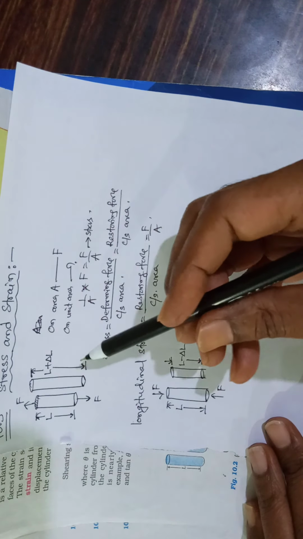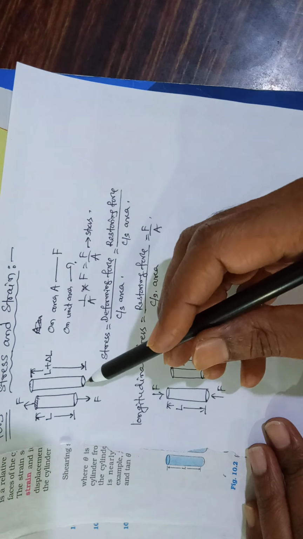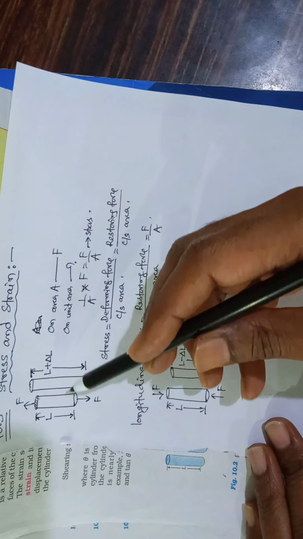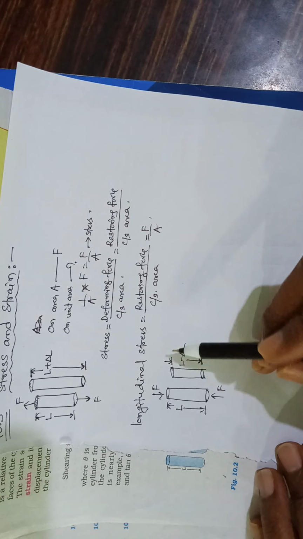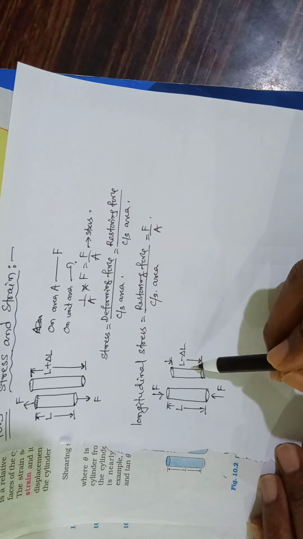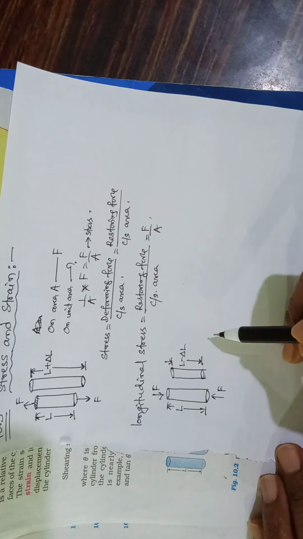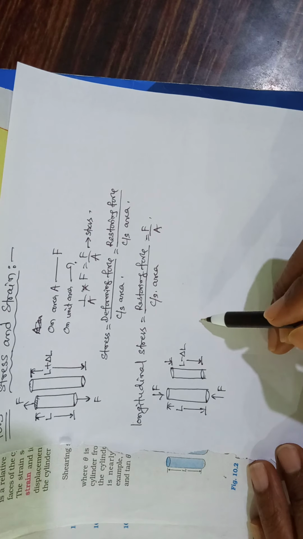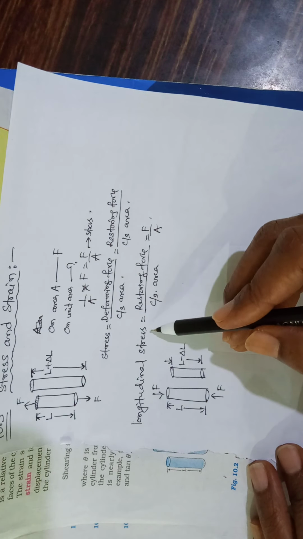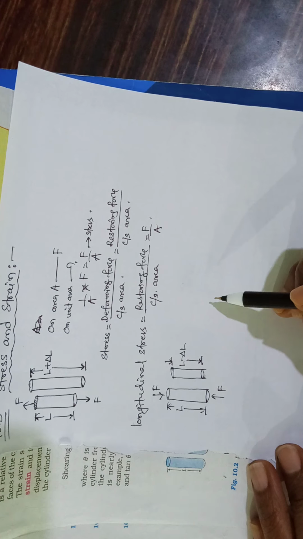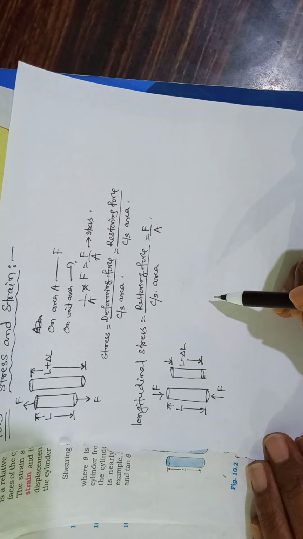Whether by applying force there is change in length, whether by pulling force its length increases or by compressive force its length decreases, in both cases the force is applied along the length. Therefore, this stress is called longitudinal stress.